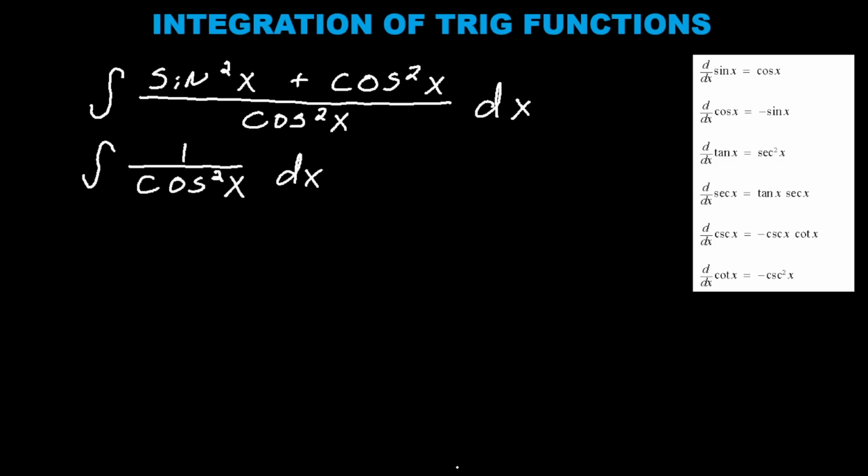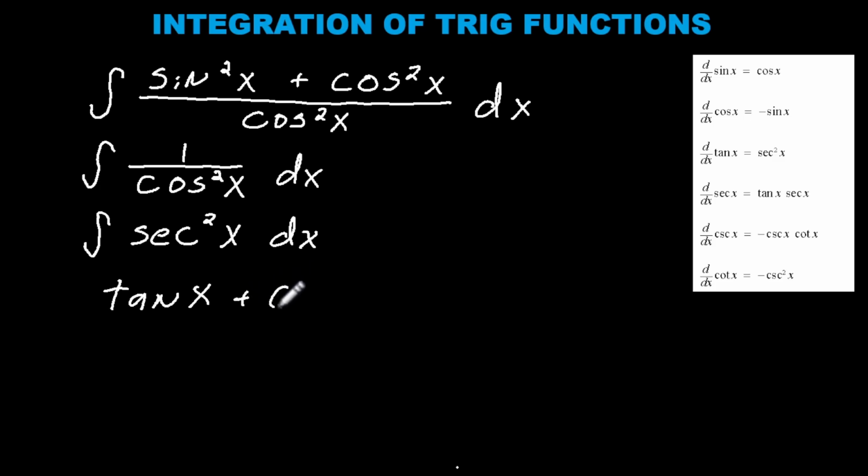Now from here, we just reviewed the reciprocal identities, and 1 over cosine squared x is secant squared x. And we see over here that secant squared x is the derivative of tangent x, so taking the integral of secant squared x is simply tangent x plus c.